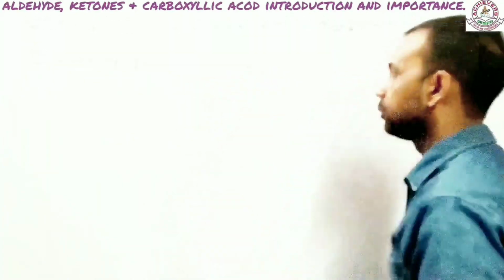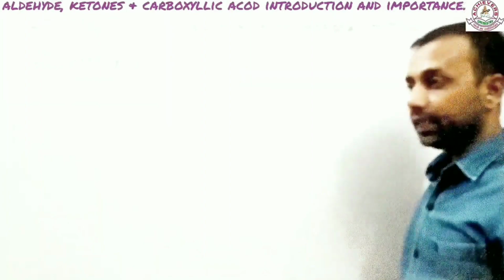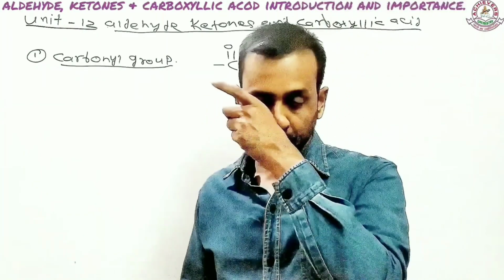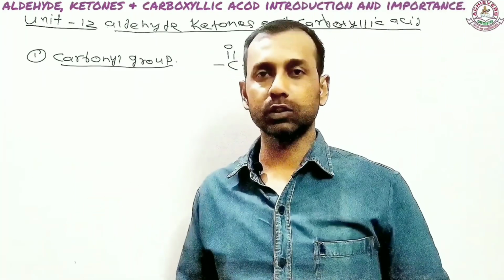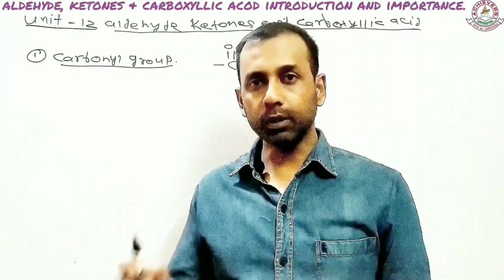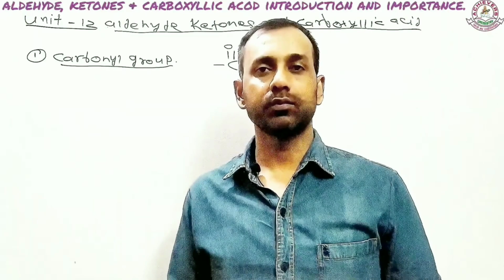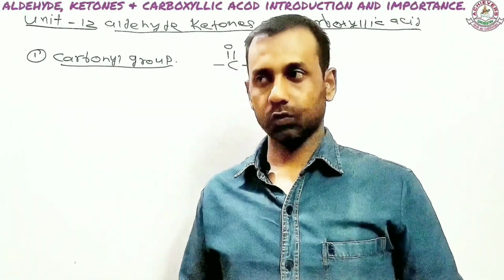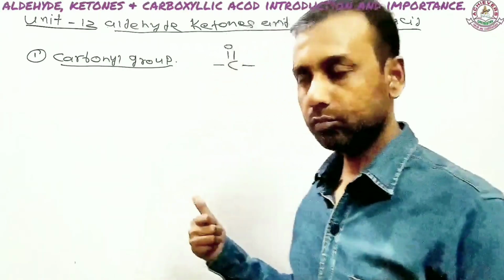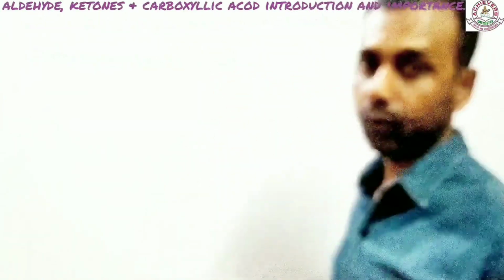So this is your carbonyl group. Now this is a very important functional group. Why? Because this particular functional group can give a number of different compounds when it attaches itself to different situations. There are some 7-8 compounds that the carbonyl group can form.